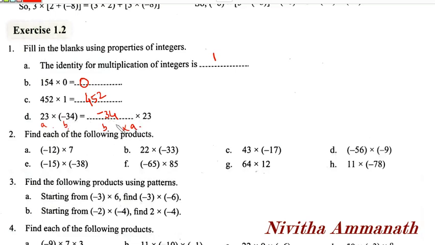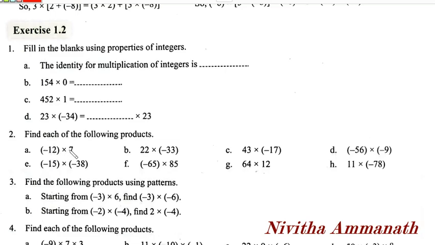So we write it. Now the next question, find each of the following products. How do we do it? Minus 12 into 7. In any integer multiplication, we have to do the number multiplication first, and then we have to find the sign. Here 1 is positive, 1 is negative.